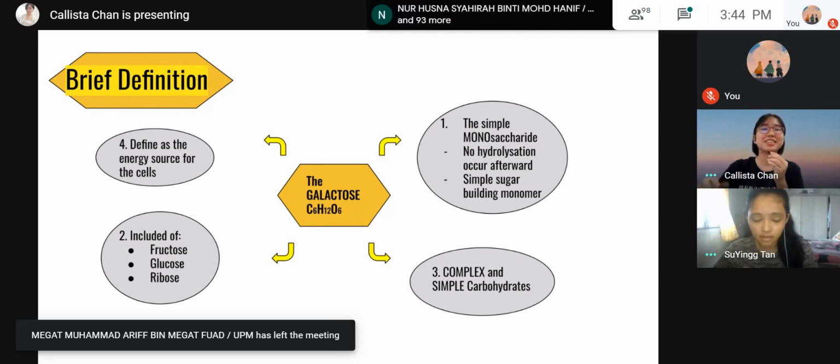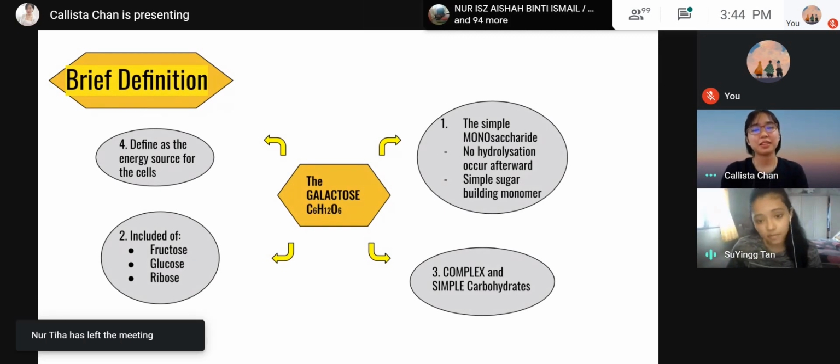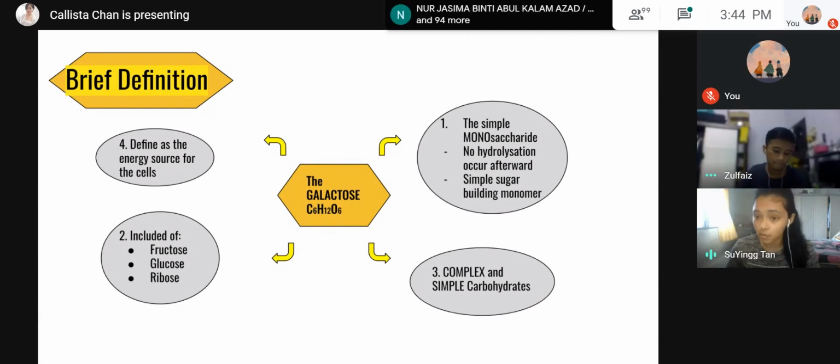Okay, so here's a brief definition of what galactose is. It is the simplest sugar. We know there are 3 simple sugars, which are fructose, glucose, and galactose, and we are presenting on galactose. There's no hydrolysis that occurs afterwards, because it's already the simplest form.